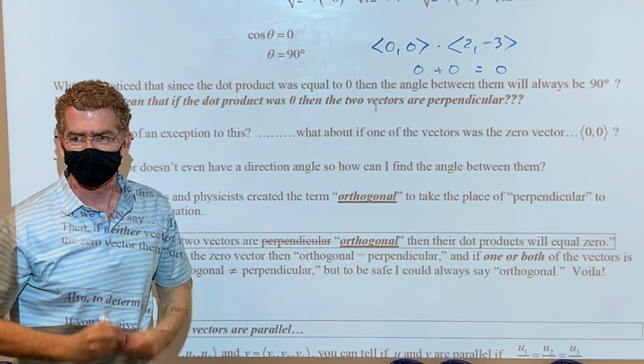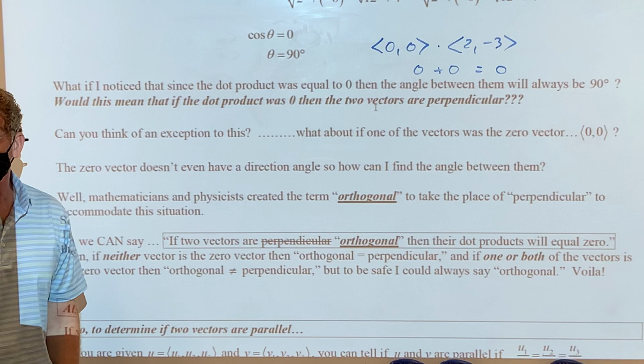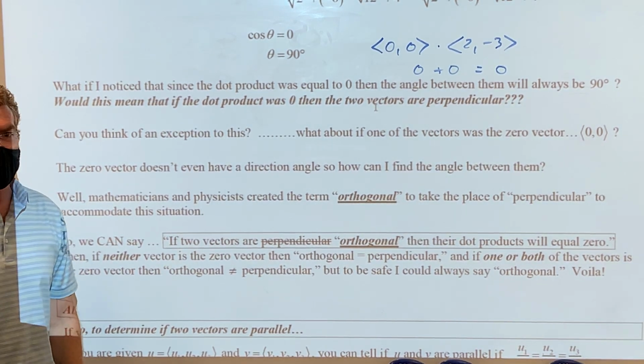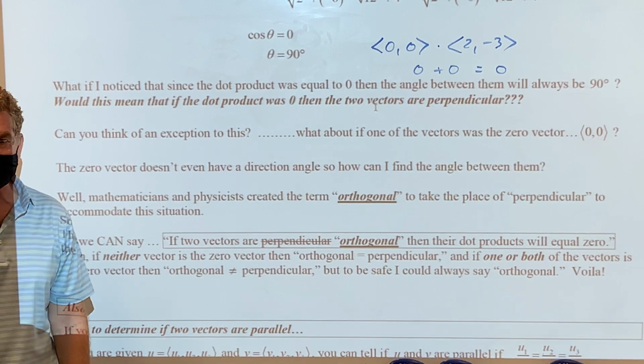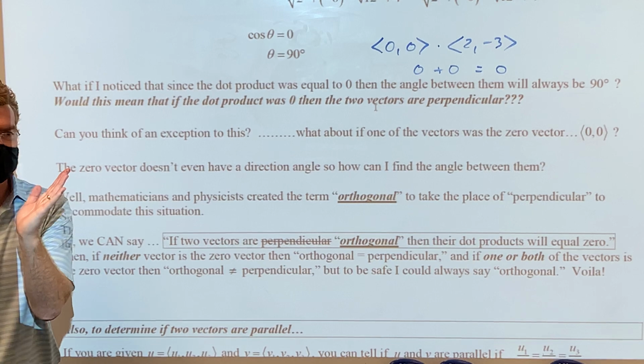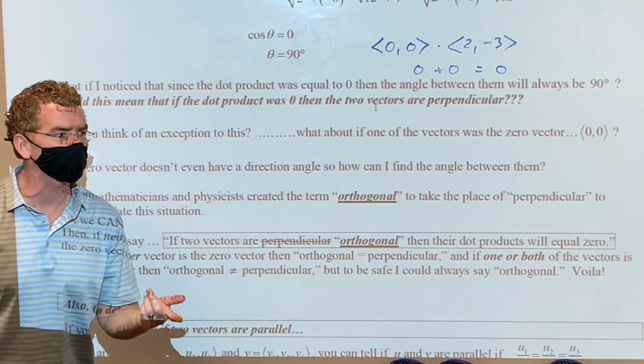It must be perpendicular. Well, the problem with that is, what is the 0 vector even doing? Does it even have a direction or a length? So how do I find the angle between it and some other vector when the 0 vector doesn't even look like a vector? And think about what you learned yesterday. How do you find the angle between any vector anyway?